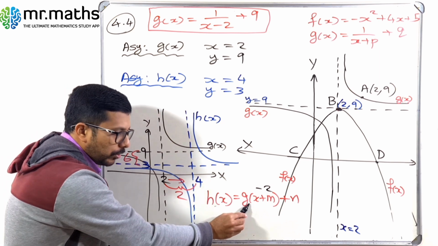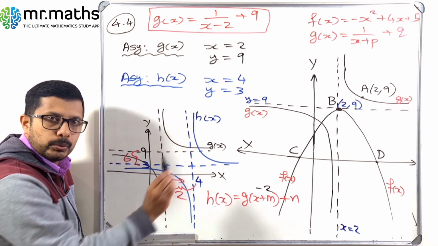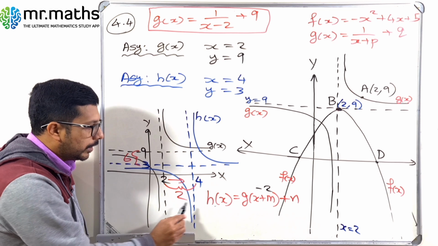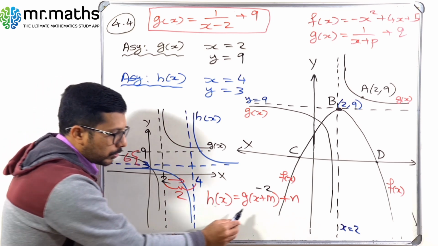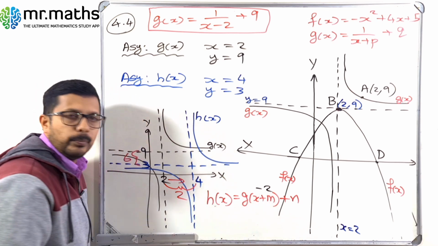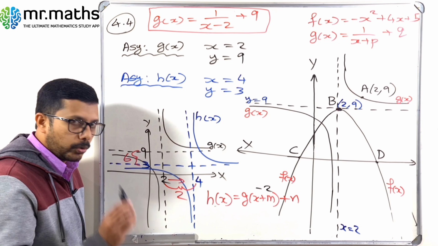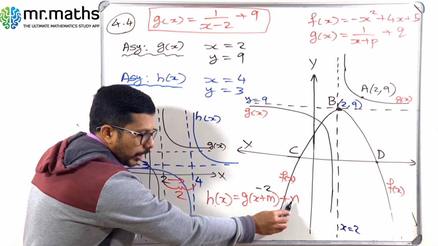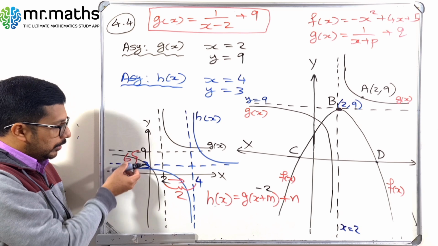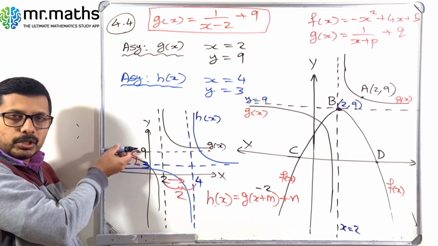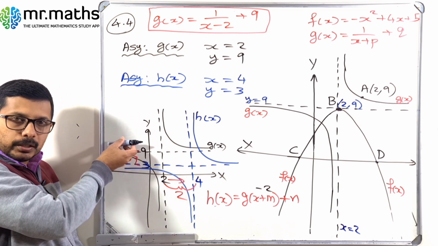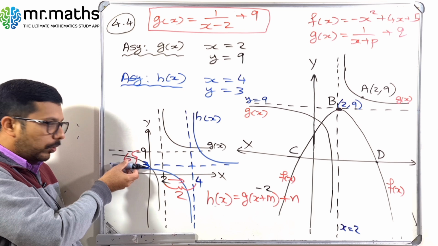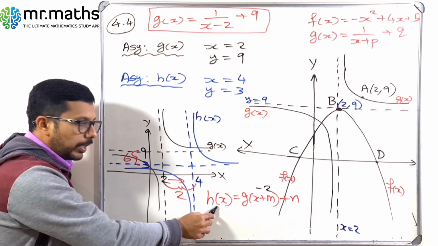You understand? g of x is shifted 2 units to the right to get h of x. So the value of m is minus 2. At the same time, the black g of x graph is shifted 6 units downwards to get h of x.